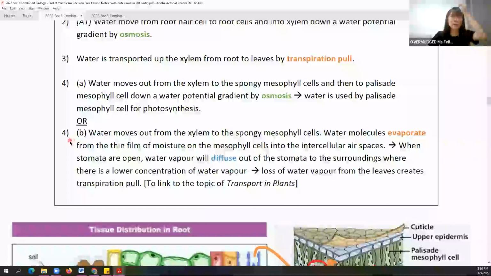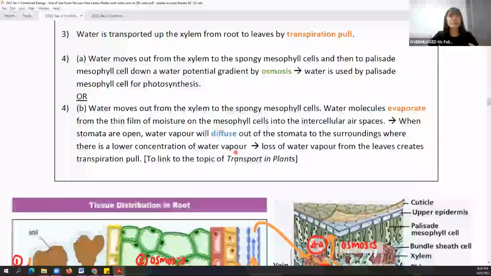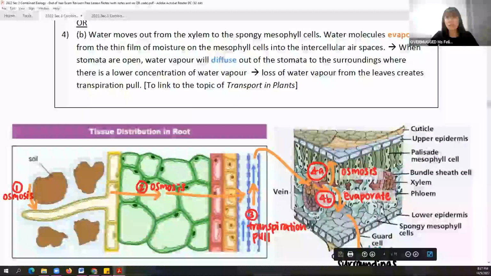Okay, so for a question in the chapter of transport in plant instead, how do you write your answer? Usually it's about the plant wilting, or how transpiration pull occurs. So this is the template. You just follow the diagram.